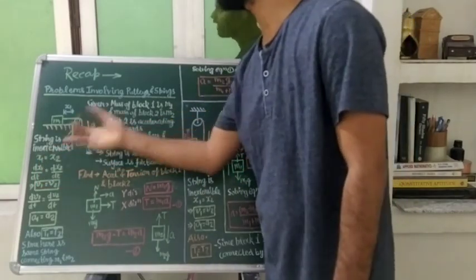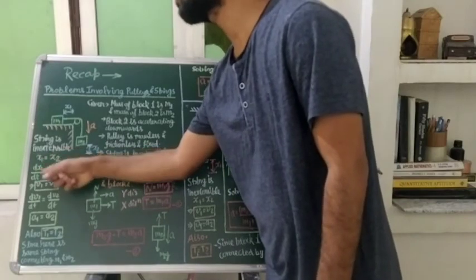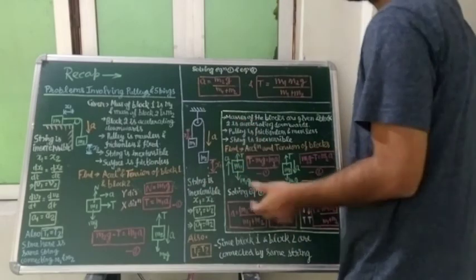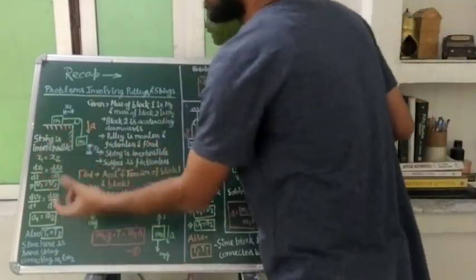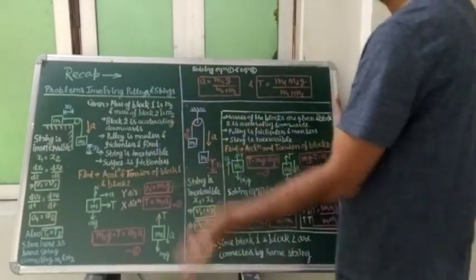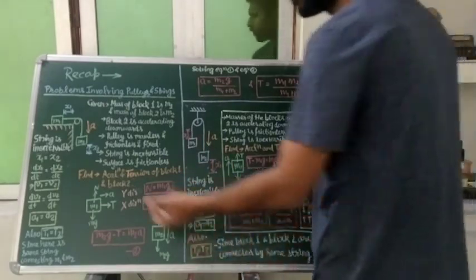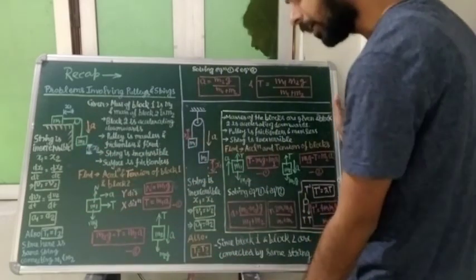we differentiate with respect to time, so it becomes change in position divided by change in time, or change in length upon change in time. And what is that? Velocity or speed; since we are performing a numerical, we talk about the magnitude only. So the speeds of the blocks become equal.